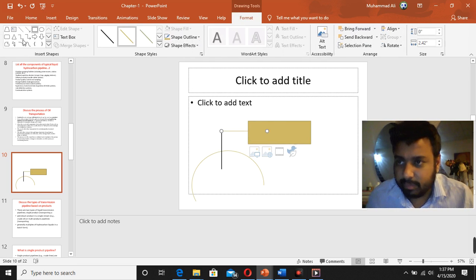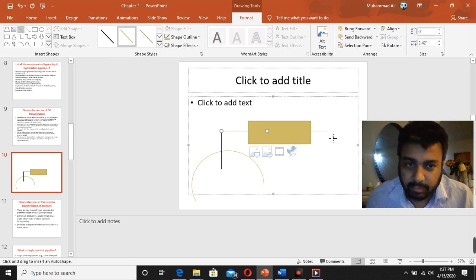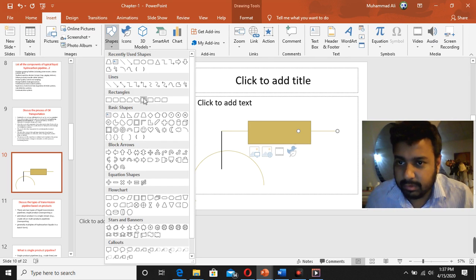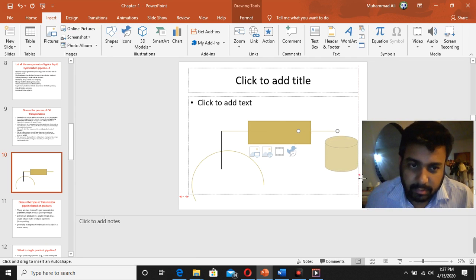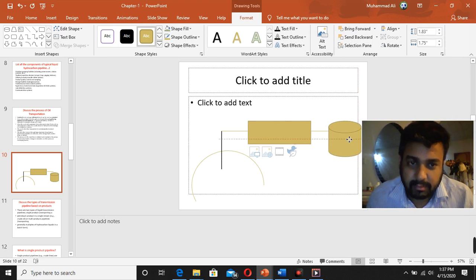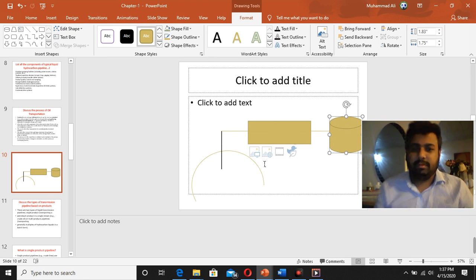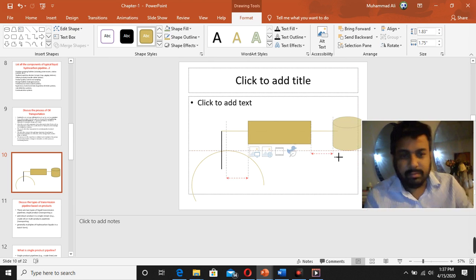Here the oil goes towards the storage tanks, and we have storage tanks here that are used for this purpose.